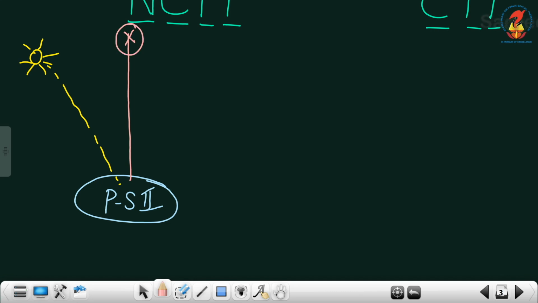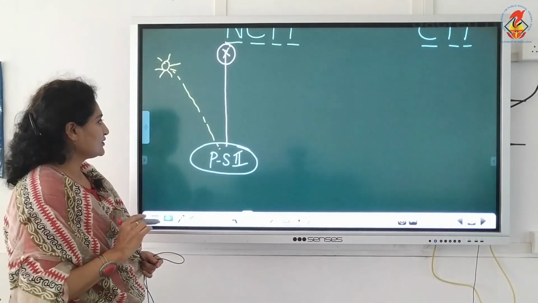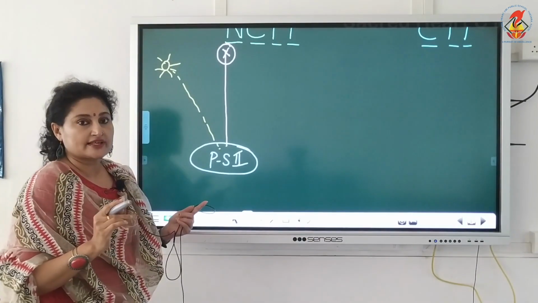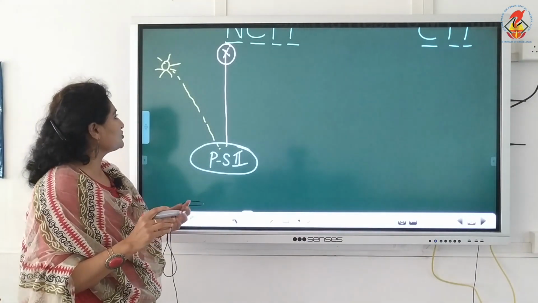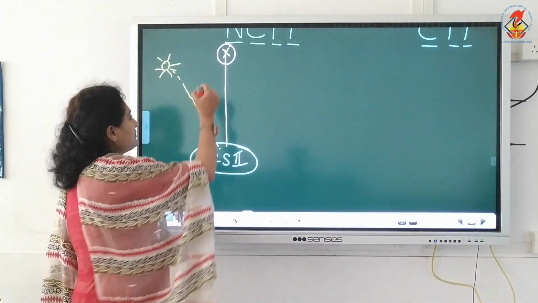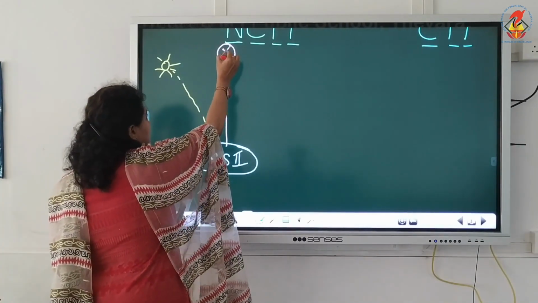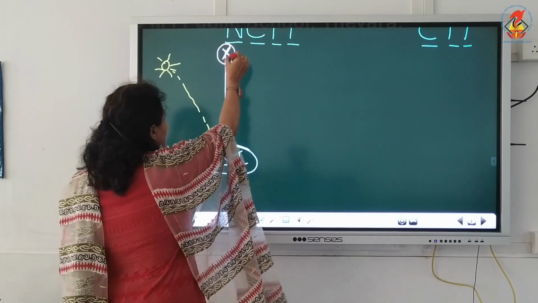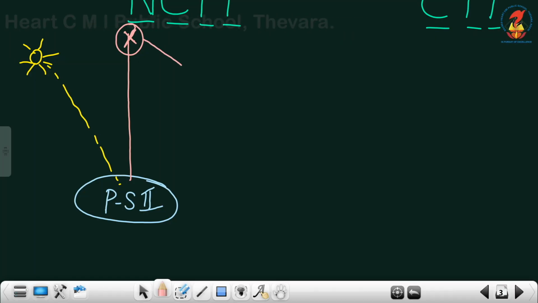What X is indicating is an electron acceptor. When photosystem 2 was illuminated, an electron got excited and emitted and was accepted by the electron acceptor X. Now, from the electron acceptor, the electron travels through the electron transport chain.